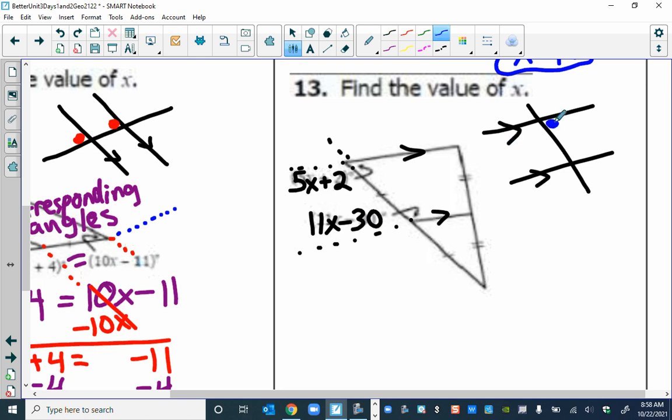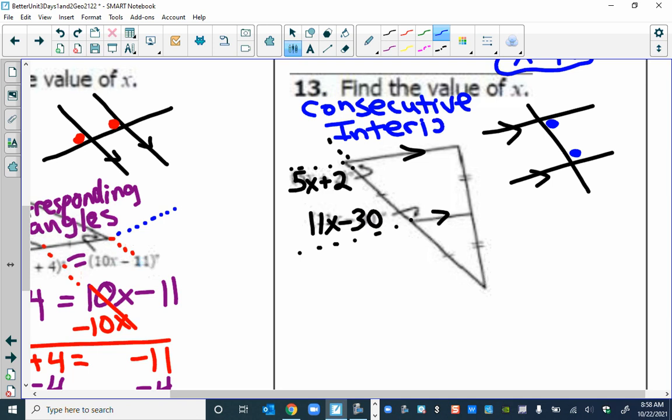We're talking about these two angles here. Who remembers the relationship between these two angles? Oh, not quite. A little different. Consecutive interior. That's what we have here. Consecutive interior angles. That's what's going on in this case.